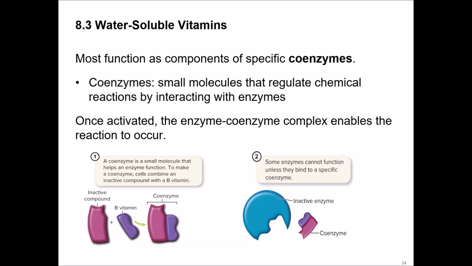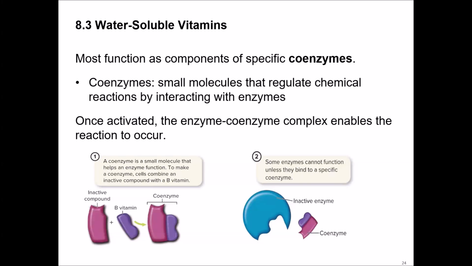We've talked about enzymes before. Enzymes help to catalyze or speed up a chemical reaction, but sometimes enzymes require a molecule, a substance, a vitamin that serves as what's called a coenzyme.